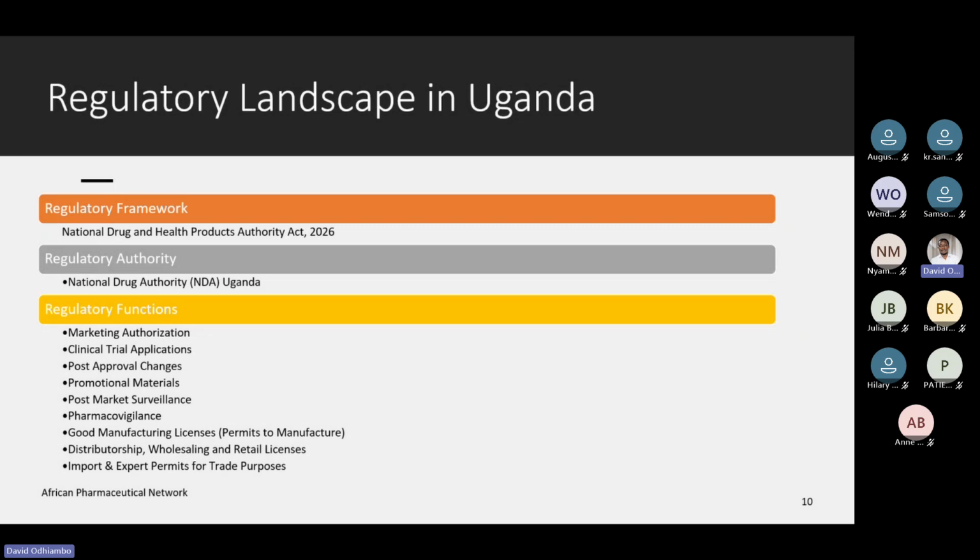Then we have promotional materials that must be approved to ensure that your promotional activities are compliant with the requirements in the market. We have post-market surveillance, pharmacovigilance, and good manufacturing licensing, which is more the permission for people to produce products and also to bring products into the market. Then distribution, wholesaling, retailing, and importing and exporting of medicines for trade purposes. All these processes will be regulated.